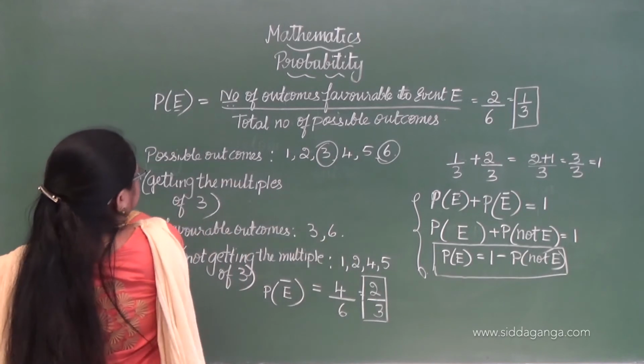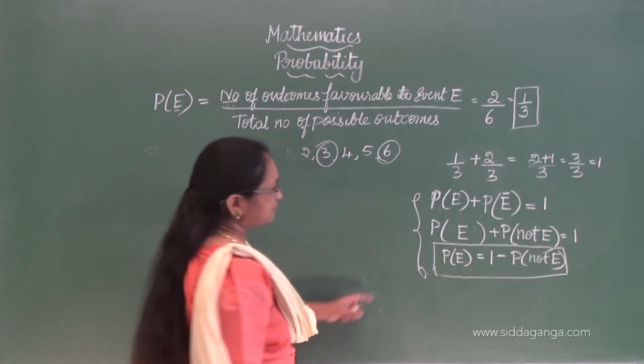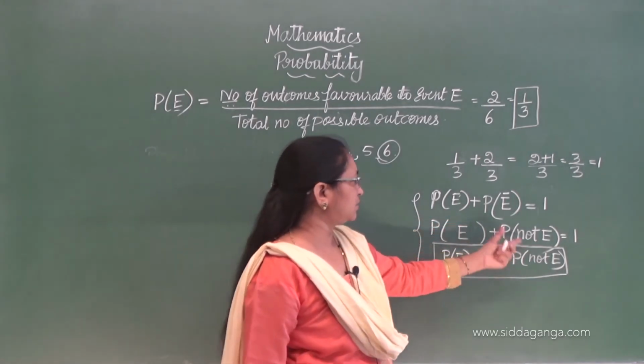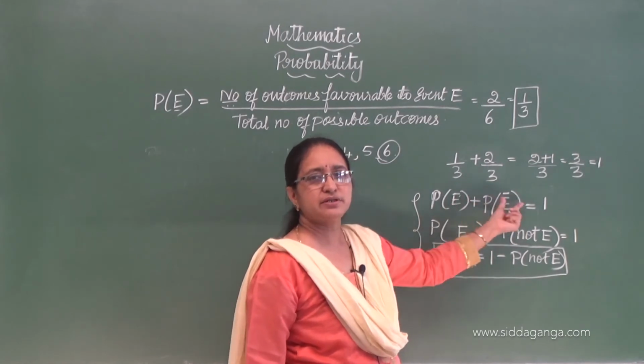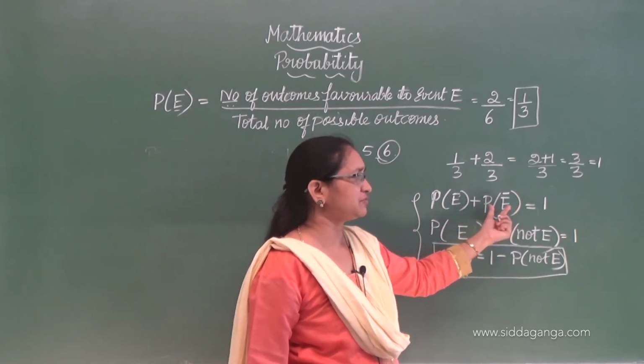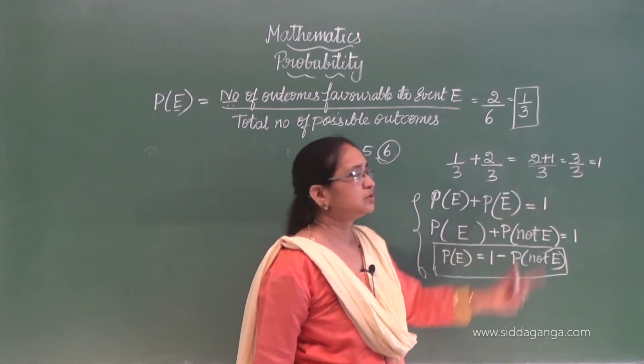Now I hope you understood this: the event and not E, or we can say the complement of an event. So event plus complement of an event is equal to 1.